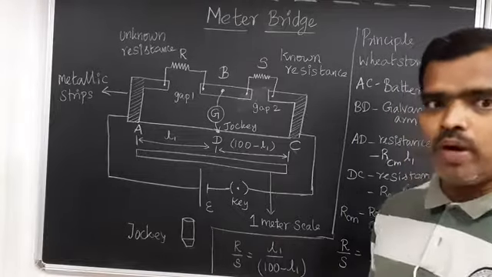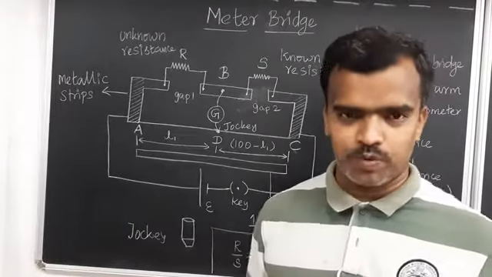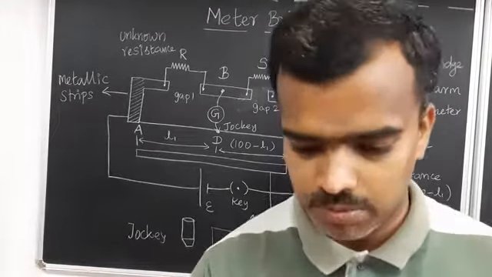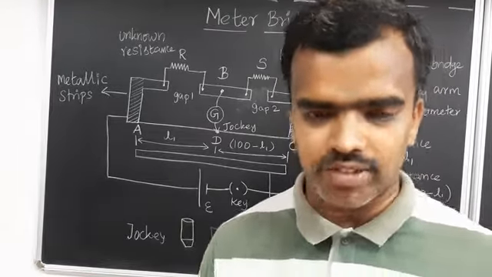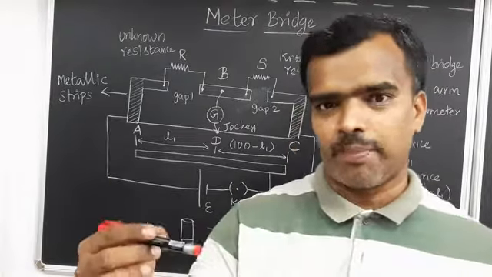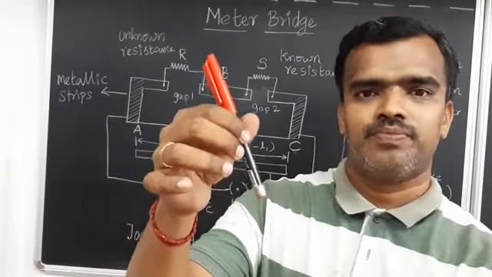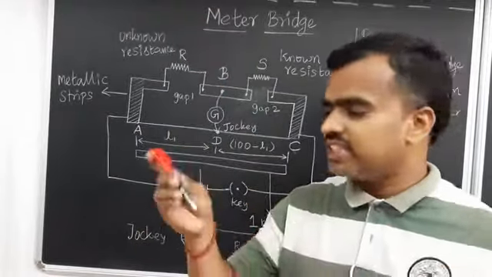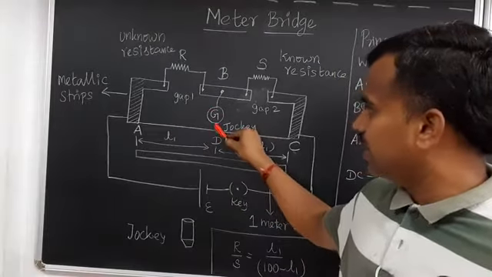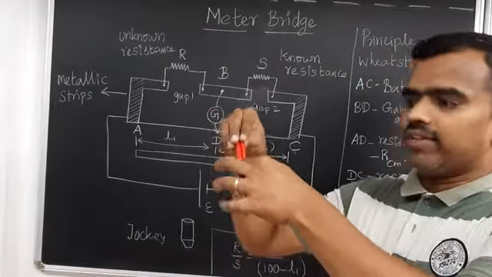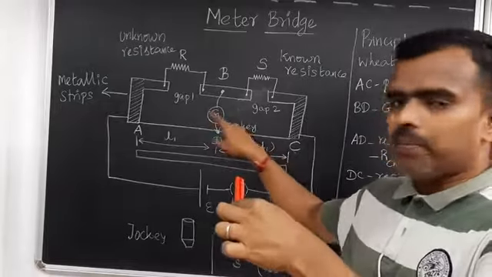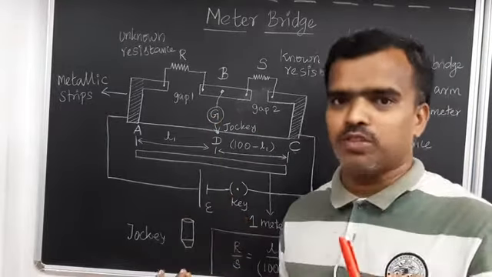Now I am going to use a jockey. What is a jockey? Just remember the knife edge, which has a sharp edge. Similarly, assume that this pen is the jockey. One end of the jockey is connected to a galvanometer. What is the role of the galvanometer?